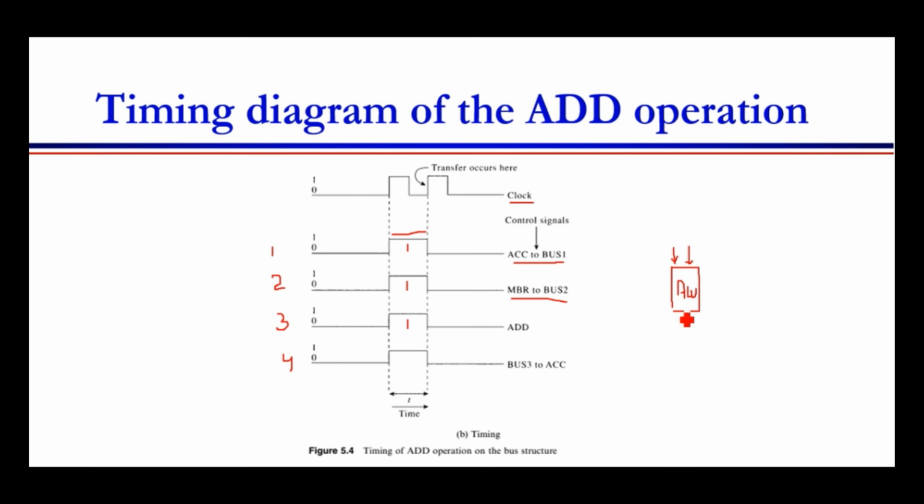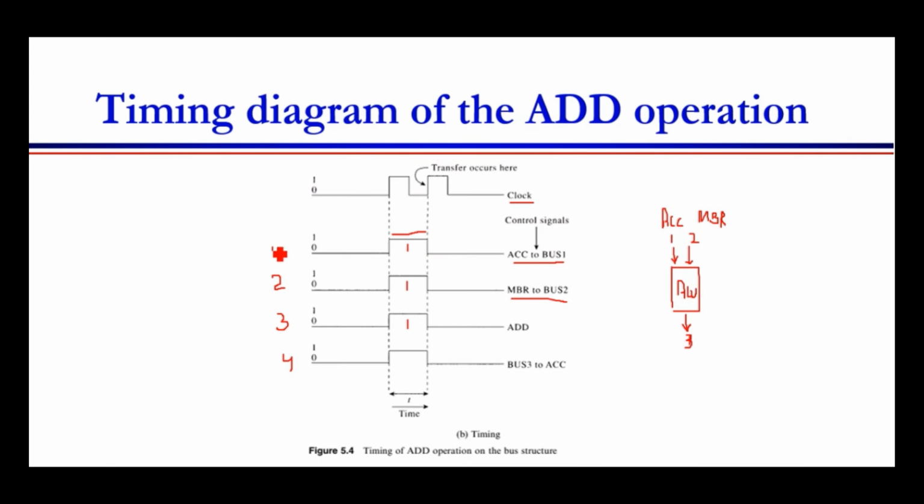So if we say that bus number 1 is connected to accumulator and bus number 2 is connected to MBR, so input data will be transferred through accumulator and MBR. That is, we are adding data of MBR and accumulator, and in ALU both of the data are added, and whatever result is generated, it is transferred through bus number 3.